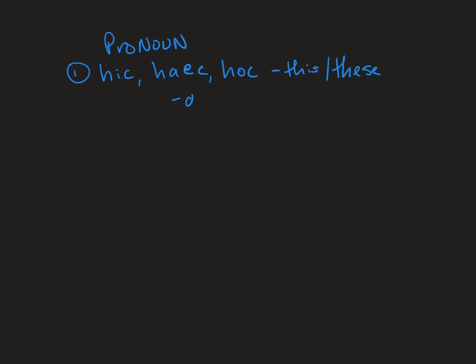All right, and the last thing from chapter 15 are a couple of pronouns. So our first pronoun, hic, haec, hoc. And that is going to be translated as this or these. It can also be used as a demonstrative adjective.